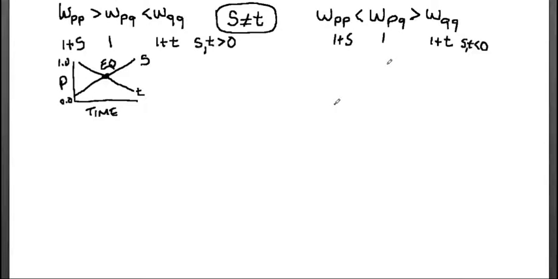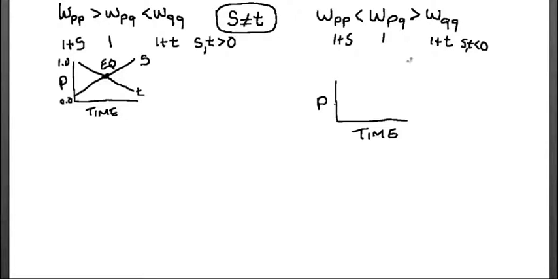Now when we look at the situation where the heterozygote is advantageous, if you want to think of it, we have it in a different type of fashion. It's just working in the opposite. We have time, and we have the frequency of the A1 allele. This time now, though, since S and T are both less than 0, that means S is negative, T is negative.